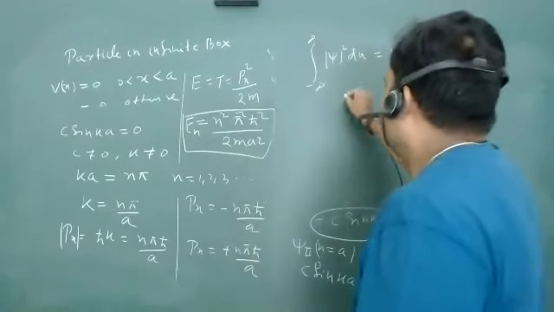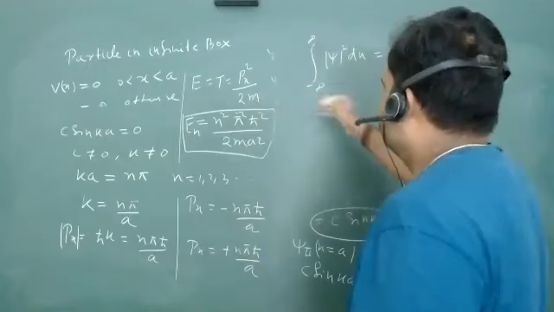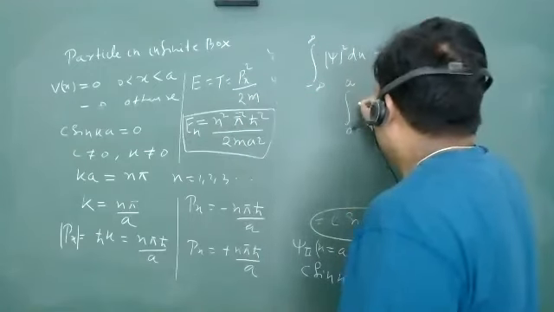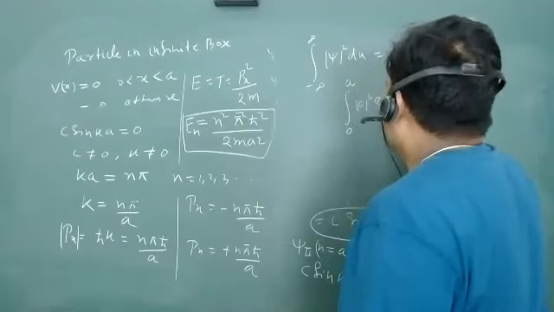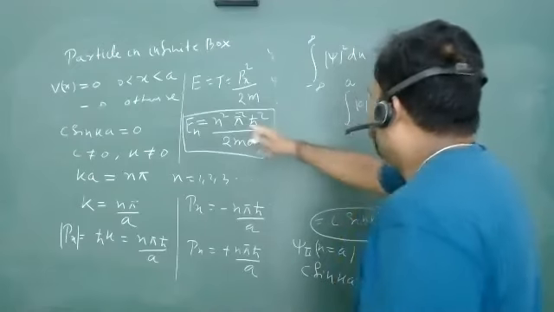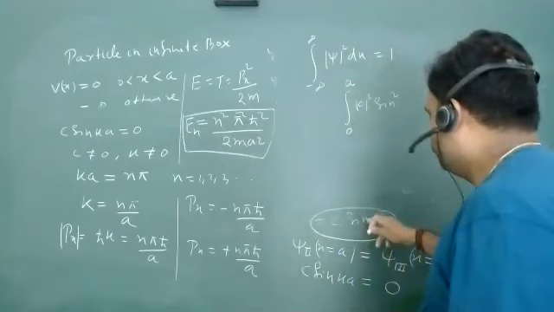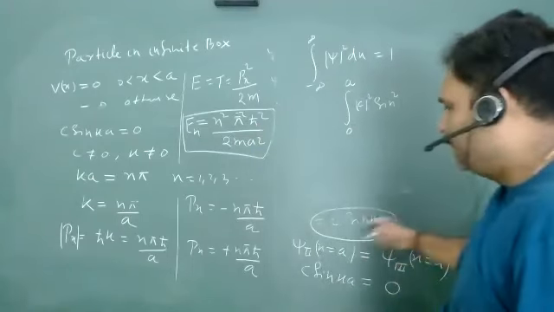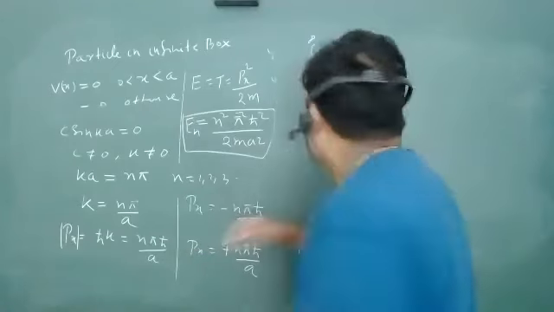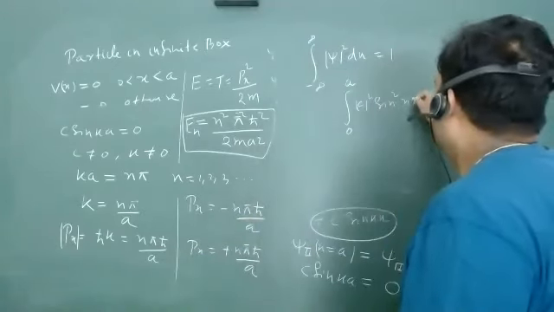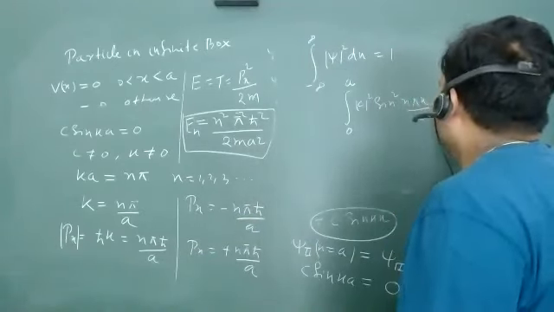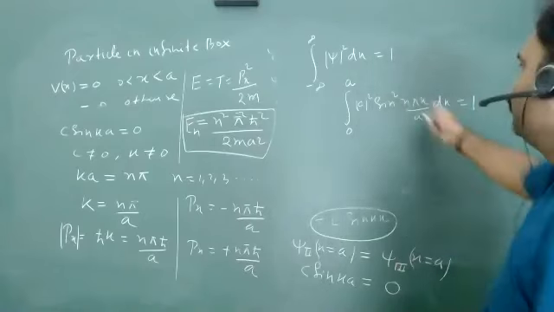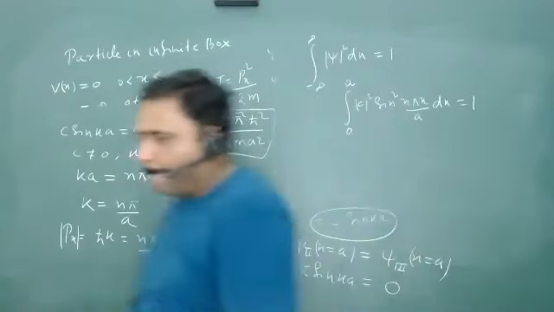But obviously all my wave functions are 0 outside the potential, so it becomes the integral from 0 to a of mod c square sine square of kx, where k is equal to nπx upon a, dx equal to 1.